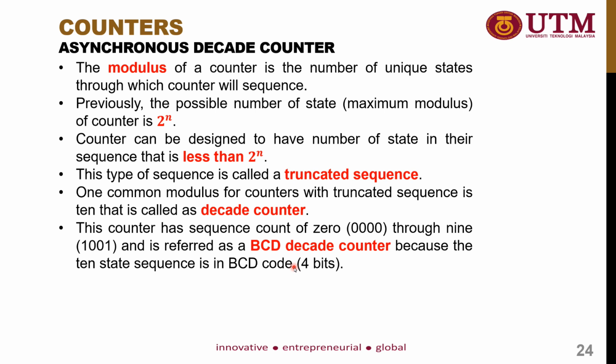From the previous lesson, you already learned that BCD codes have a total of 4 bits. This type of decade counter counts from 0000 through 1001, which is 4 bits, and therefore it is referred to as a BCD decade counter.